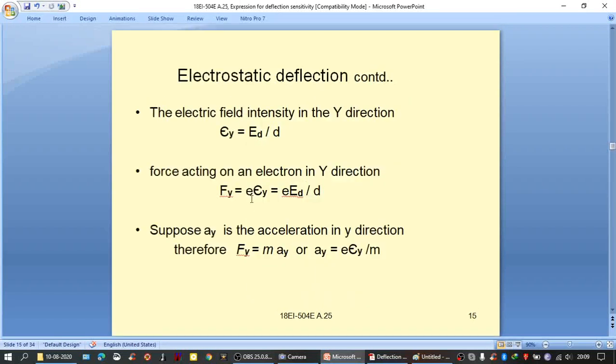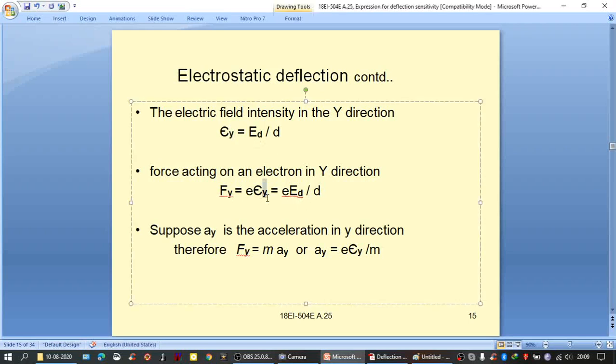So charge of electron into Ey, that is equal to E into Ed by D. In place of Ey, it has been replaced with Ed by D.